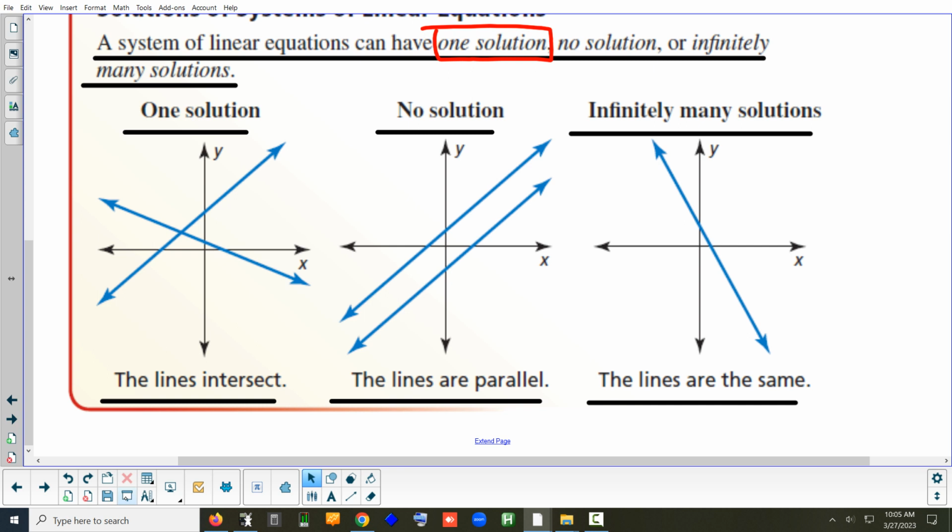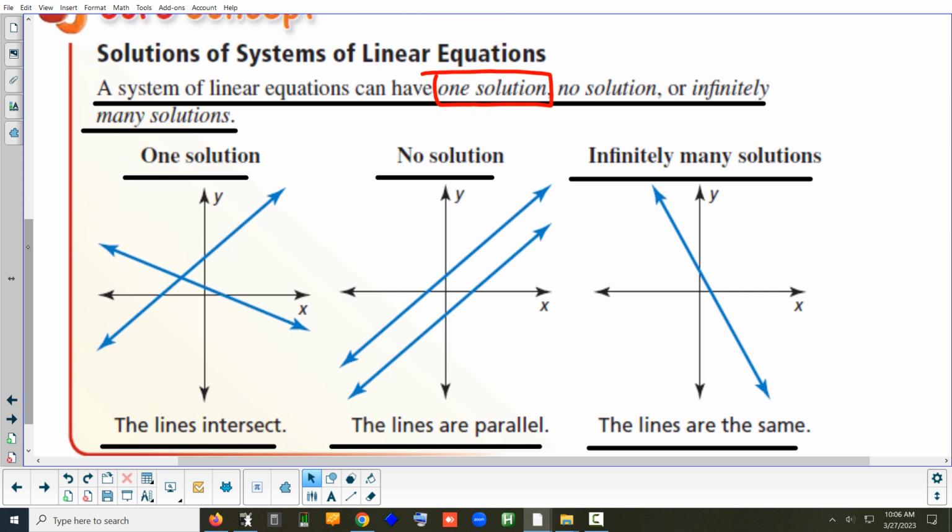Right at the bottom of each graph, you can fill in on your guided notes the explanation of what each one is. In the first case, the lines intersect. In the second case, the lines are parallel. I think somebody used the word parallel. And in the third case, they're the same line. We've already focused a lot on one solution.